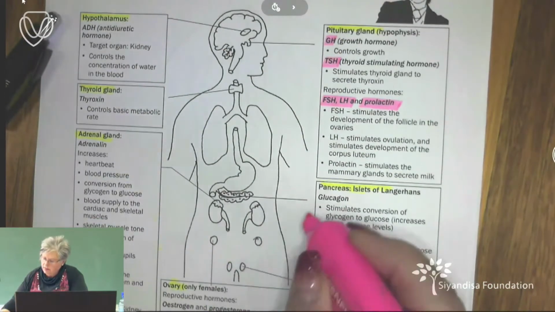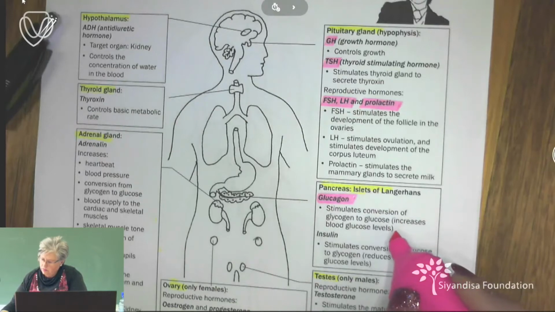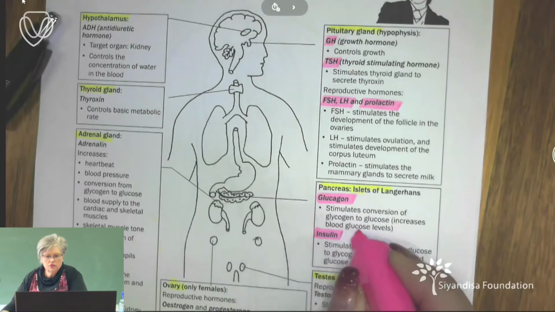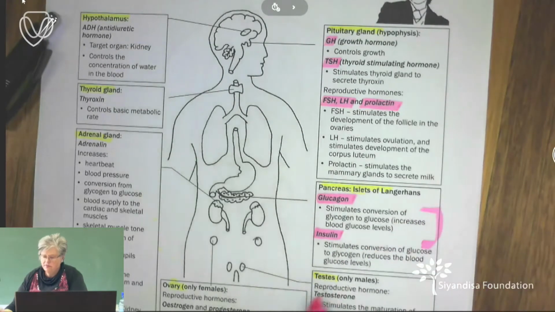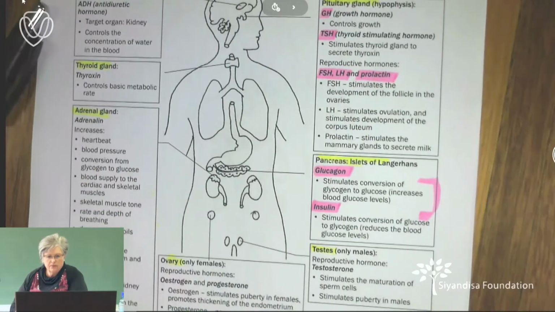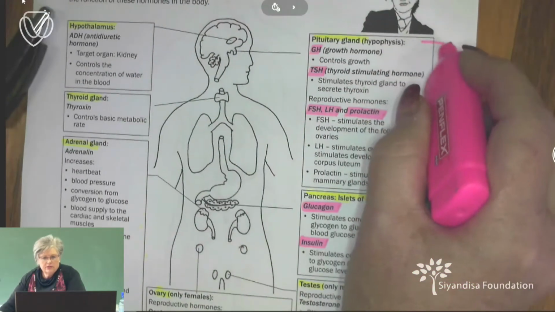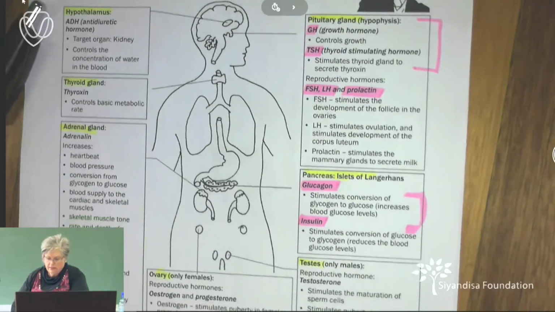Then the pancreas secretes glucagon, and glucagon and insulin are the 2 that have to do with the glucose level. So here we will get the negative feedback mechanism between the 2 of them. We also get a negative feedback mechanism between the pituitary gland and the thyroid gland.